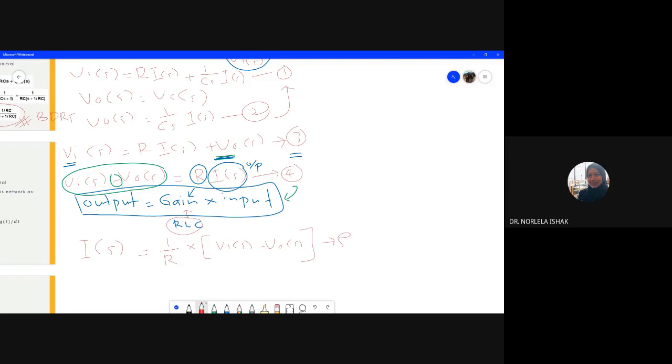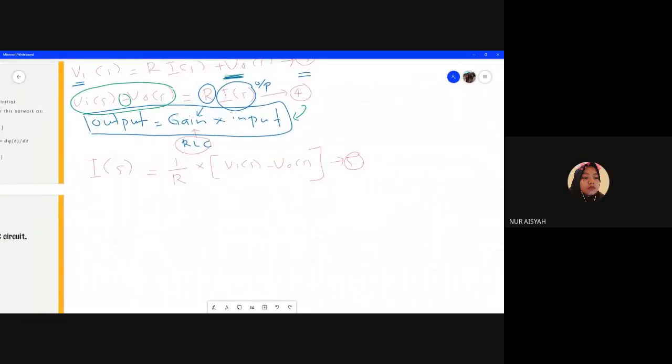This is equation number 4. I rearrange equation number 4 to fulfill the statement output equal to gain multiplied with input, so I can get equation number 5. The resistor I bring to the left, so I get 1 over R. Right?